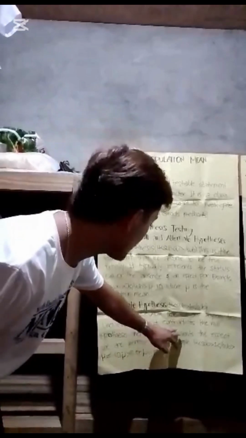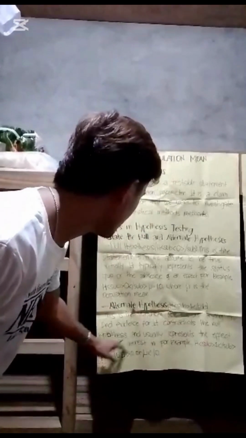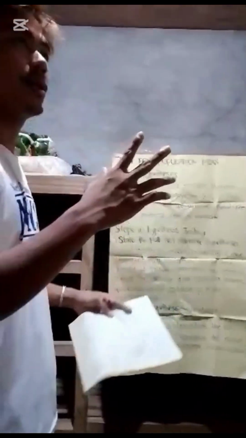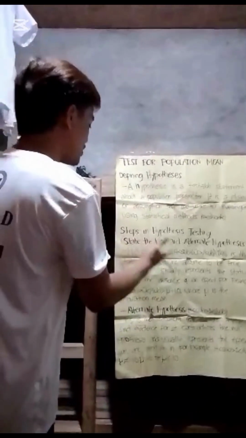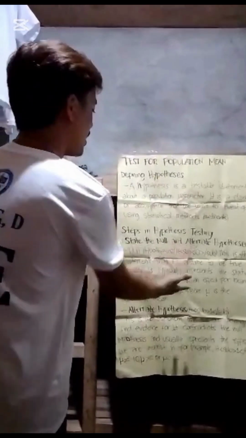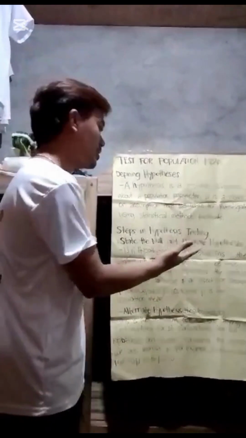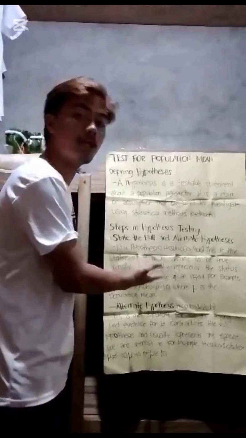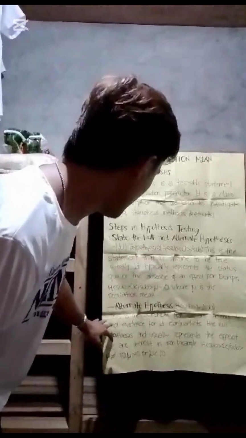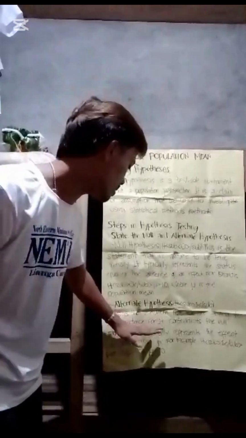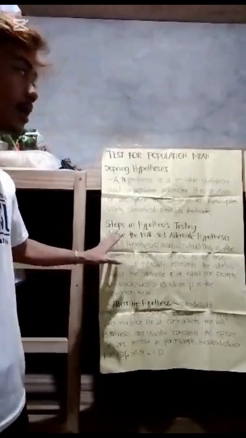It contradicts the null hypothesis and usually represents the effect we are interested in. So the difference between the null hypothesis and the alternative is that the null hypothesis is the majority or the real statement, while the alternative hypothesis is what we are trying to investigate. That is the difference between the two.